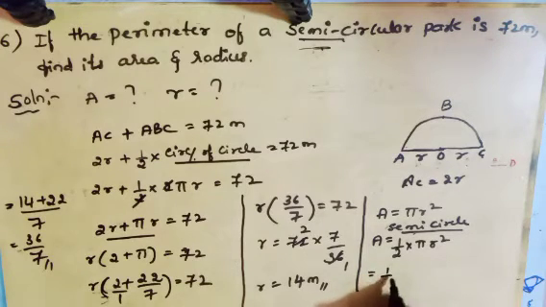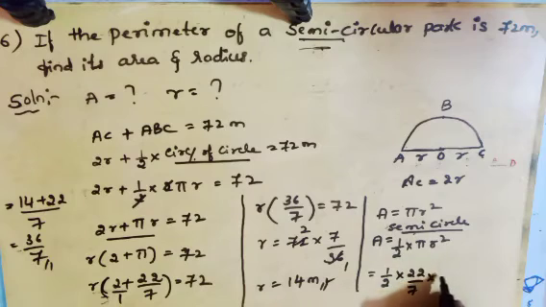Next, 1/2 into pi means 22/7. The value of R is 14, so R square means 14 into 14. Next, cancel: 7 ones are 7, 7 twos are 14.